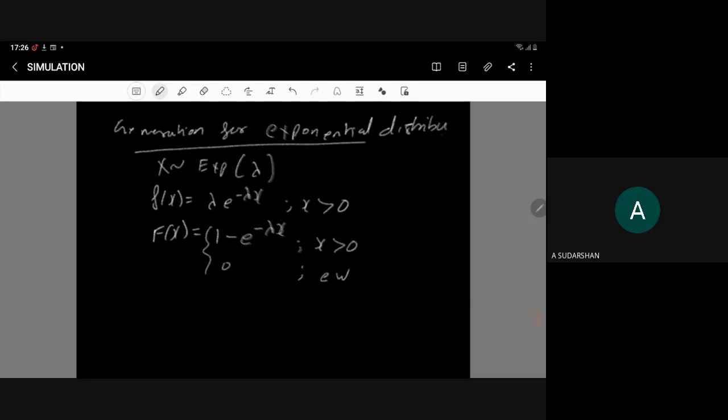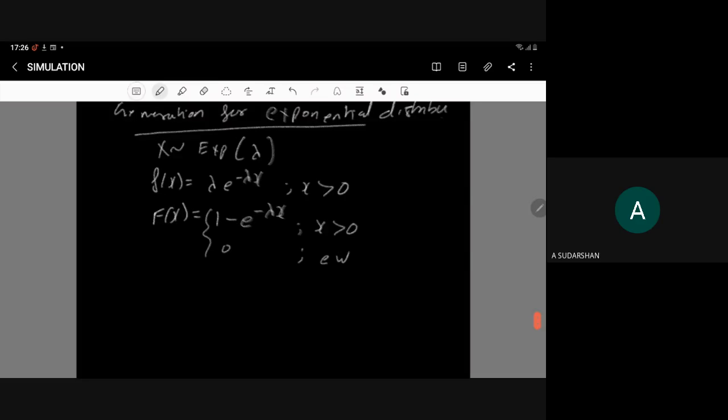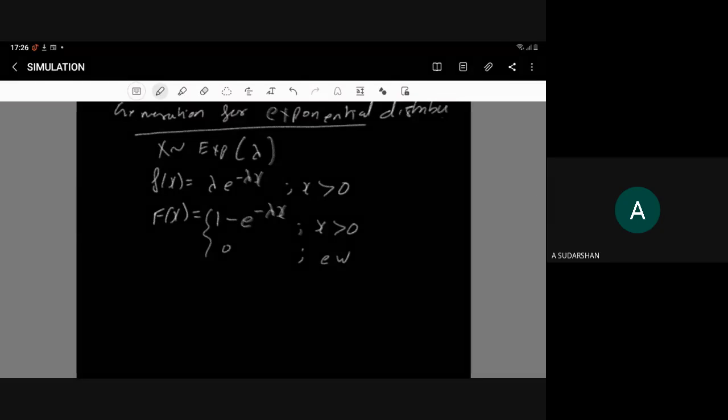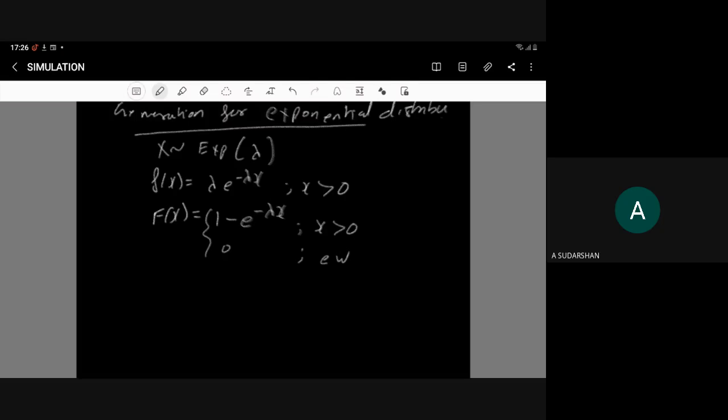I have told you, always we have to write the CDF from minus infinity to infinity, and it should range from 0 to 1, with the is-equal-to sign on the left side. So this is the CDF.